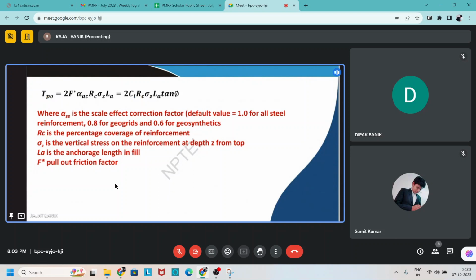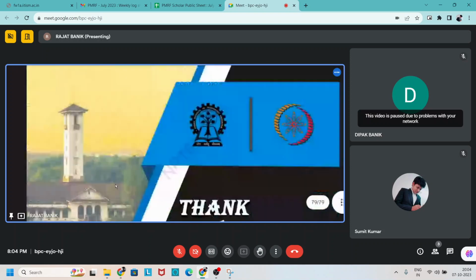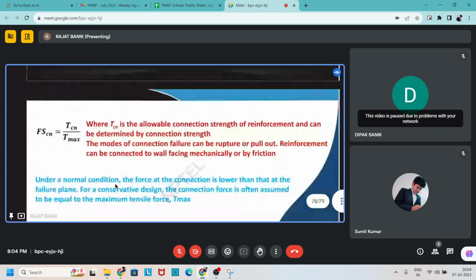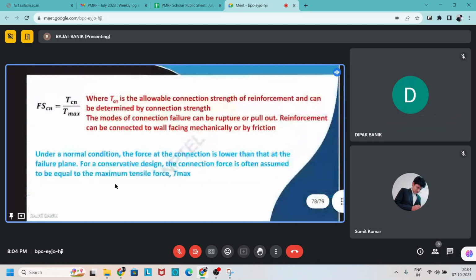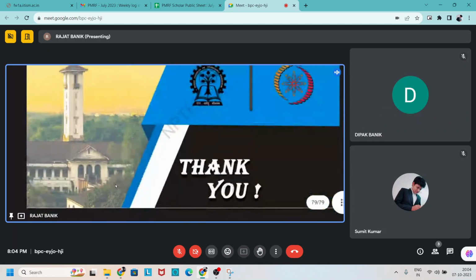By this formula, we find the total pullout force. In this way, we find the different factors of safety.